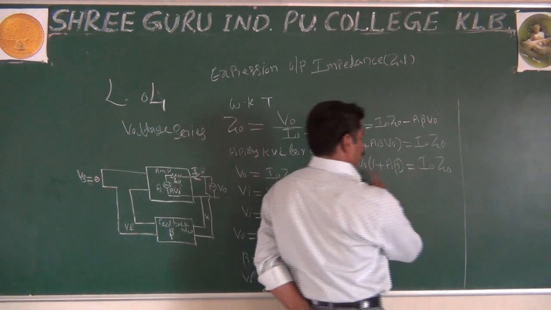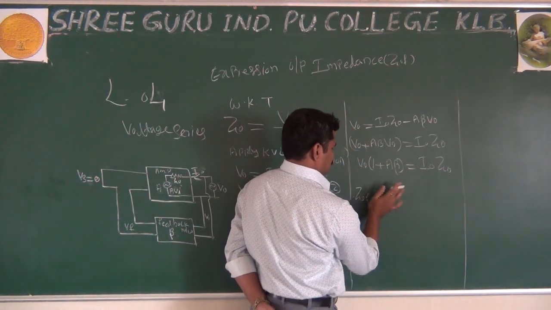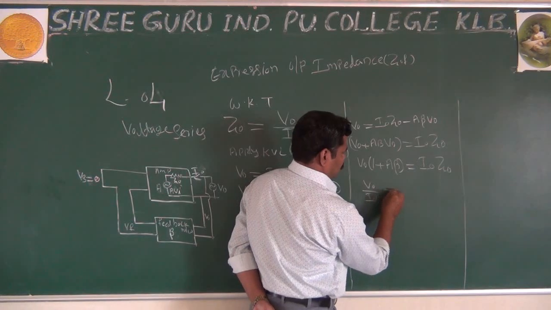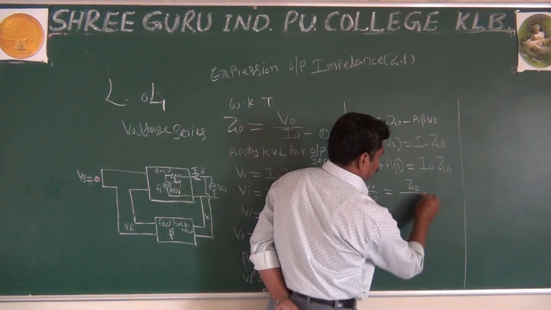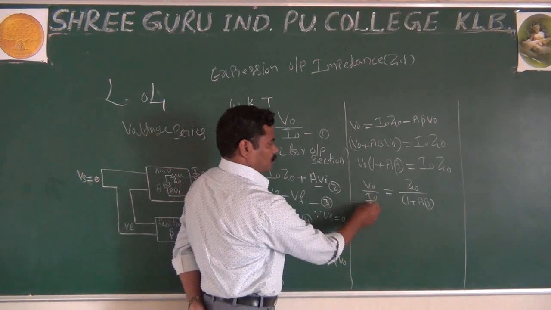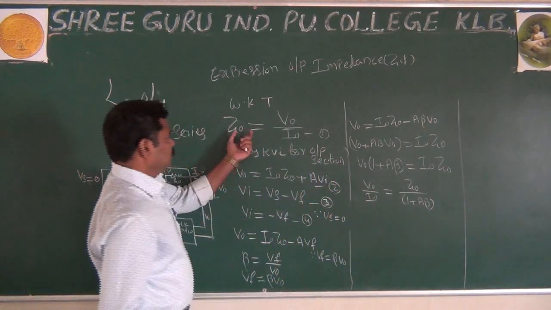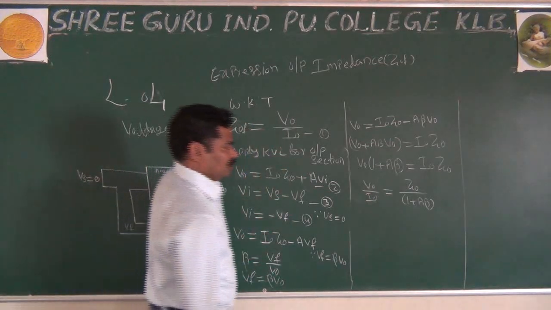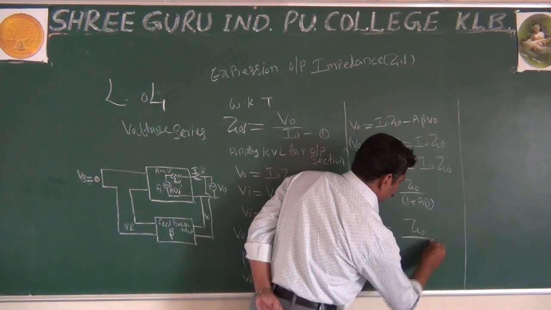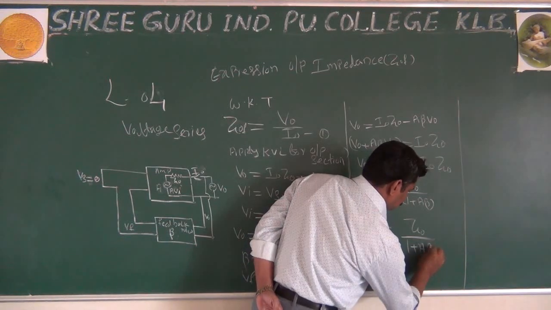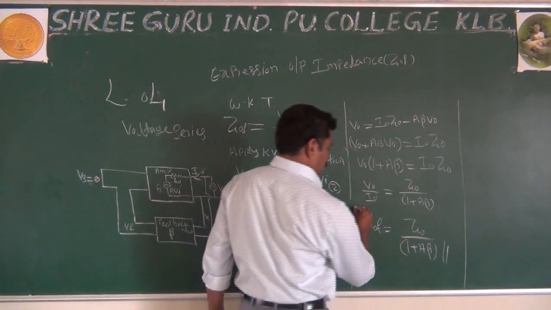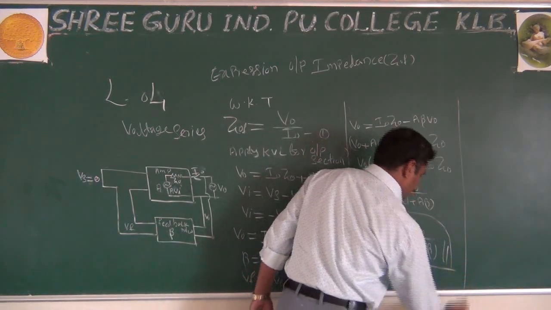Otherwise you can write V naught by I naught equal to Z naught by 1 plus A beta. Finally, V naught by I naught is Z0F, and Z0F equals Z naught by 1 plus A beta, which is nothing but the output impedance.